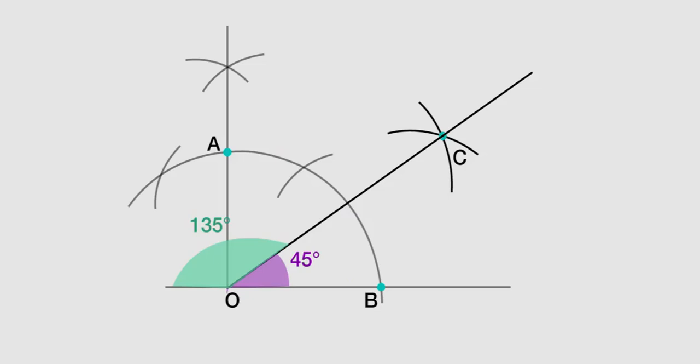Depending on where you want to place your angle in the figure you are constructing, you construct whichever angle you are looking for. If you construct 45 degrees, the back side would automatically be 135 degrees. And if you construct 135 degrees, the other side will be 45 degrees.